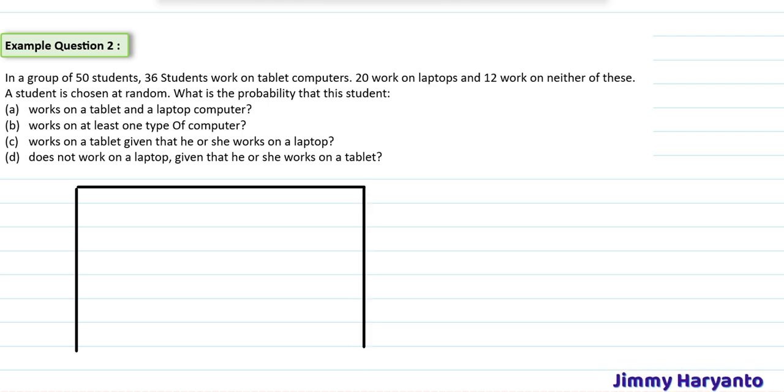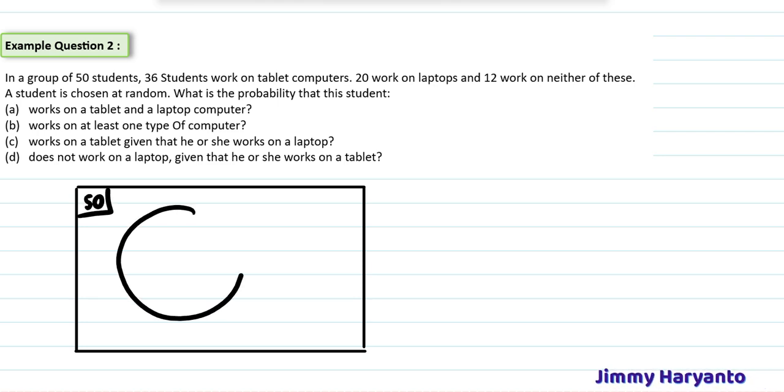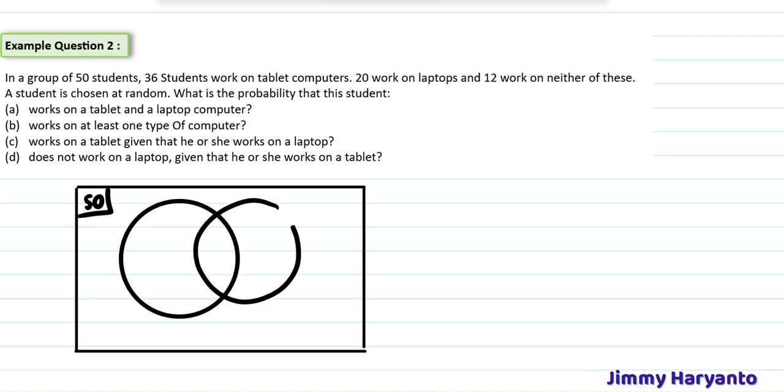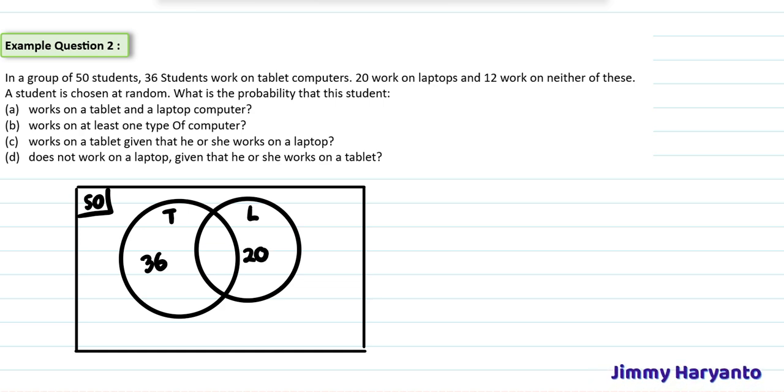It's just like this, with 50 students for the total, and two circles, one for the tablet computer and the second one for the laptop. So we have 36 for the circle of tablet, and for the laptop we have 20 for the whole circle, and 12 is neither.